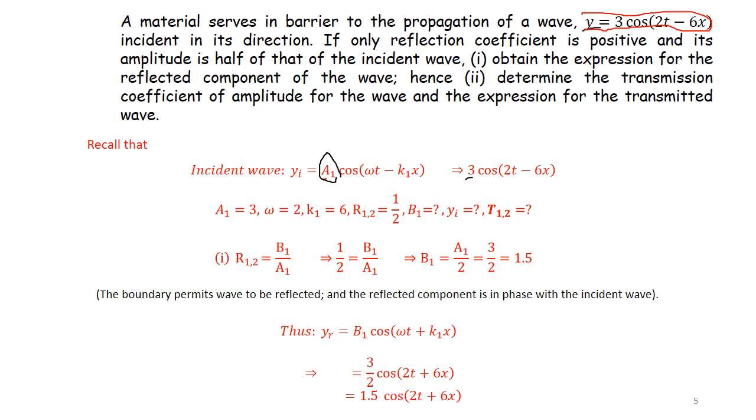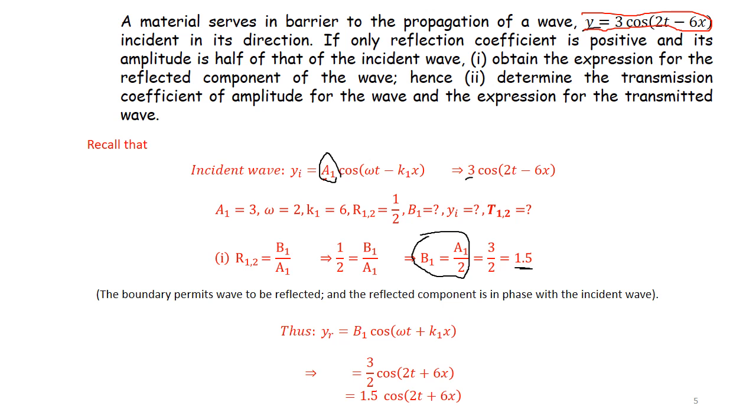So it said B1 is positive and B1 is half of A1. Do you get it? So that's where we got this. B1 is half of A1, which is 1.5.